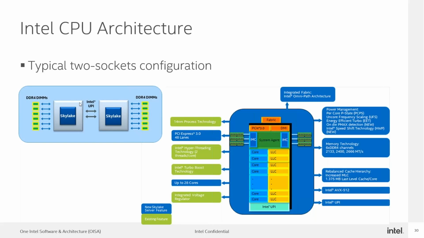And so here the right part is the graph of one socket. So each CPU chip has several cores, and also it has onboard cache. And also for CPU and CPU communication, we have Intel UPI.